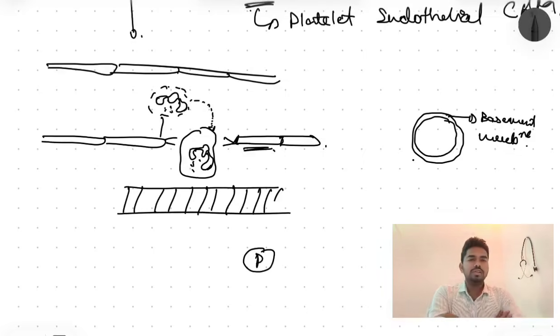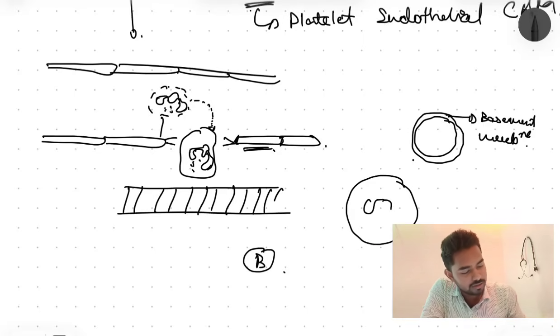Bacteria is outside the basement membrane, meaning outside the blood vessel. Then what should the neutrophil do? It should do something, right? Guys, neutrophil is a granulocyte, right? It has granules, right?